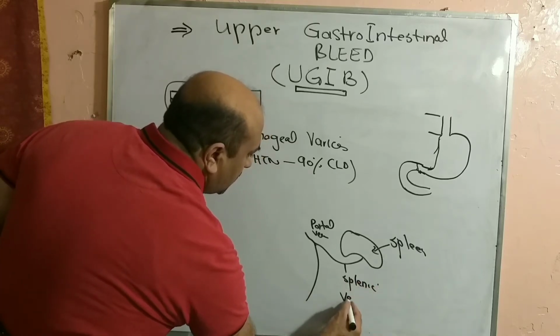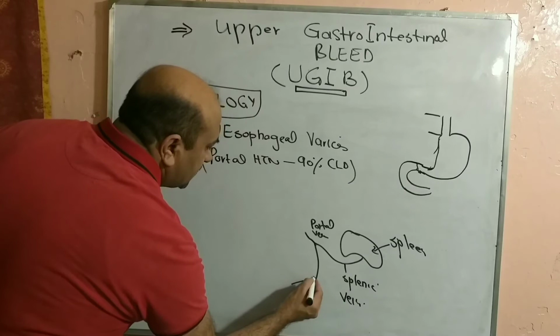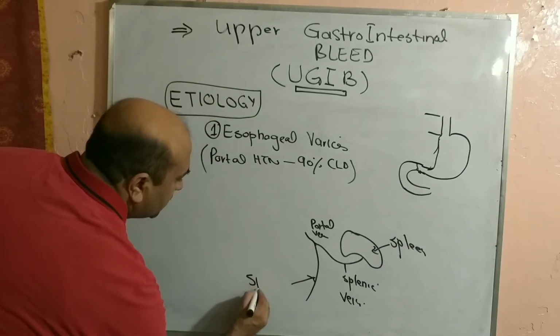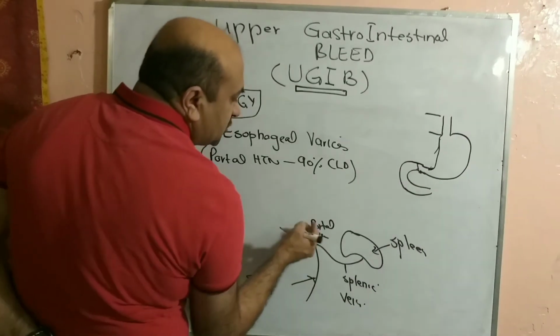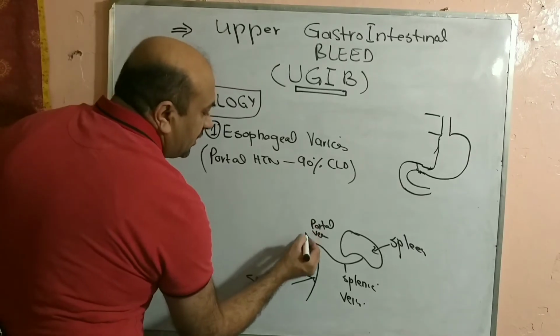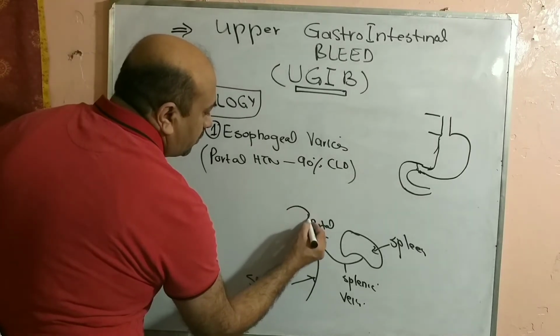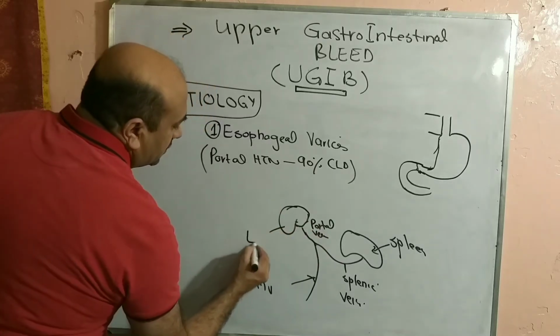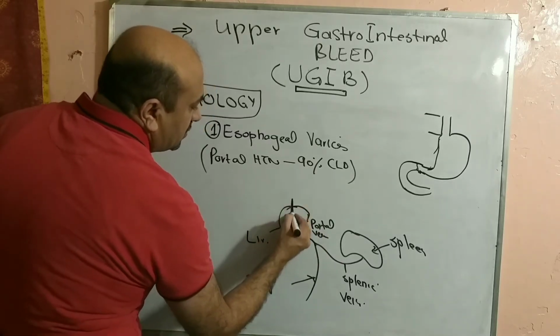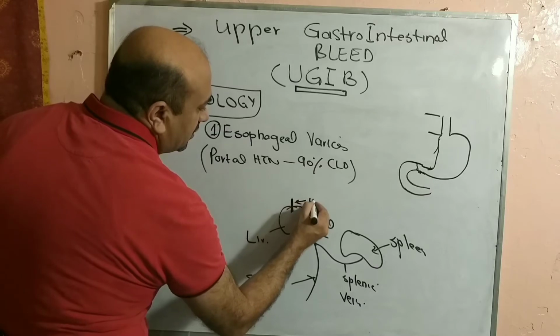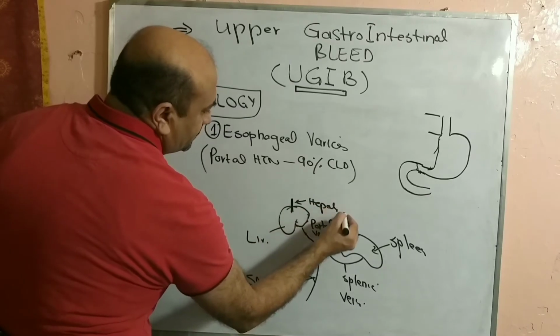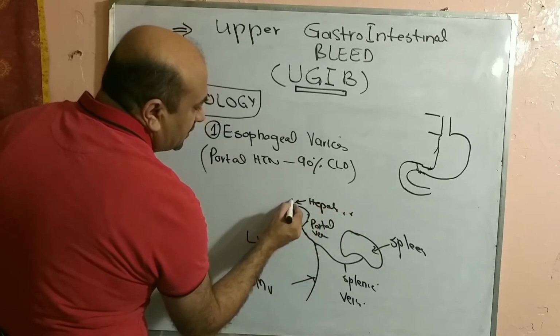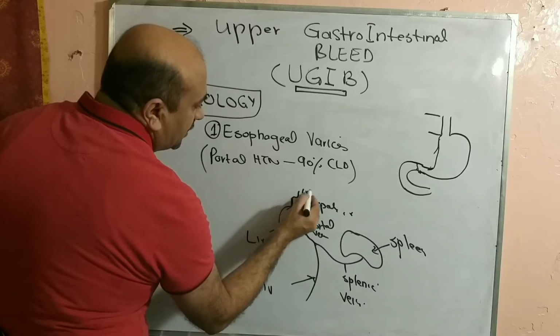This is splenic vein, and this is superior mesenteric vein. Both they join to make the portal vein. It actually opens in the liver. This is liver. Then from the liver comes the hepatic vein, and this hepatic vein then joins the inferior vena cava, IVC.